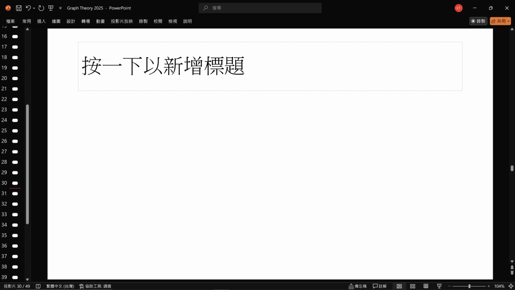So I think the high level idea is the following. First, find a cycle. Okay. And then after we find a cycle, we pick an edge called UV.